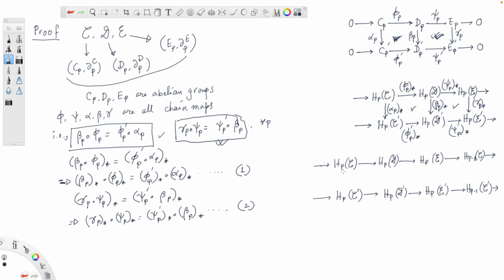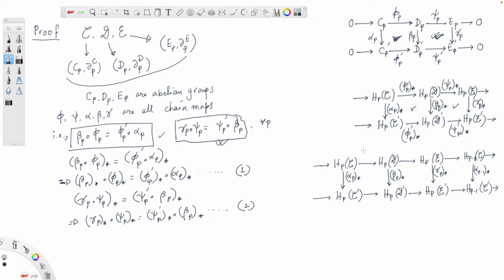And there is this induced homomorphism alpha p star. This is beta p star. This is gamma p star. And this is alpha p minus 1 star.